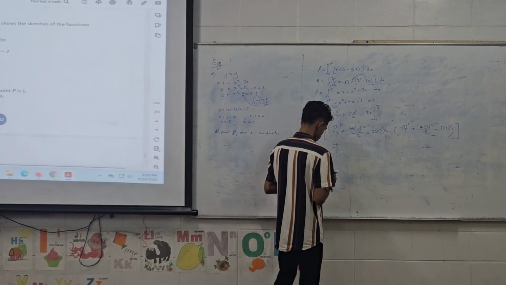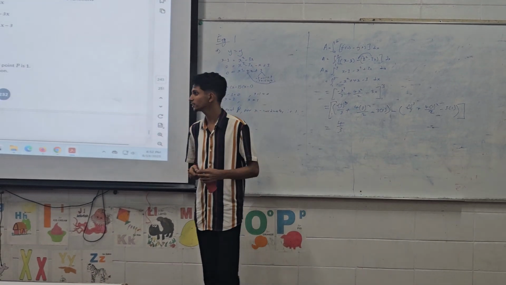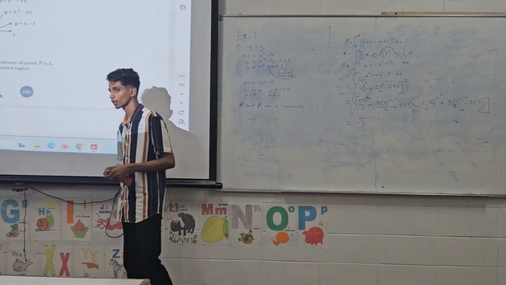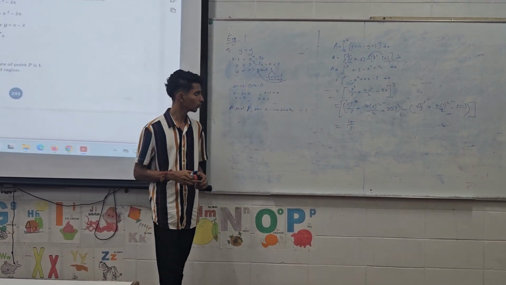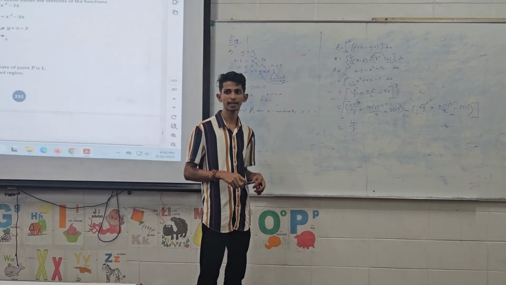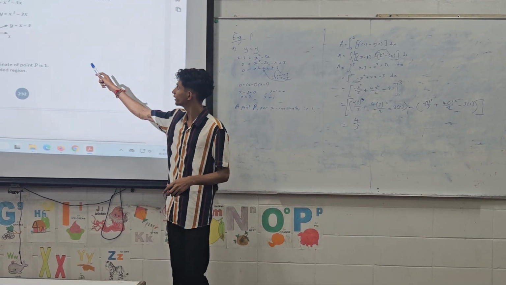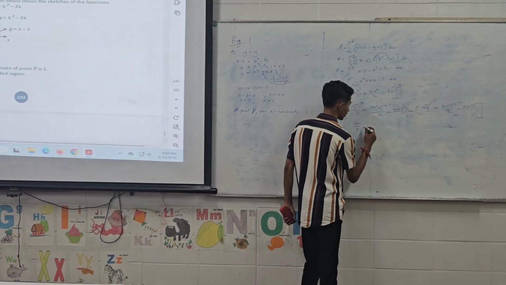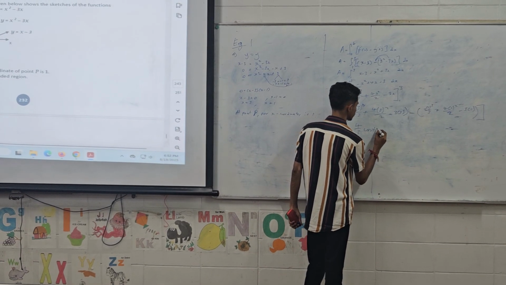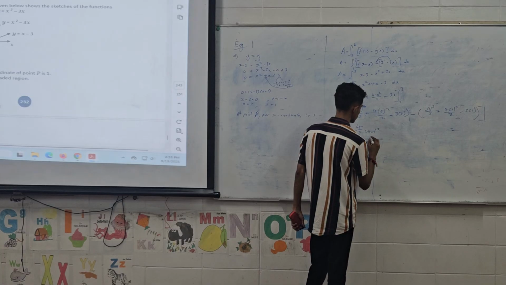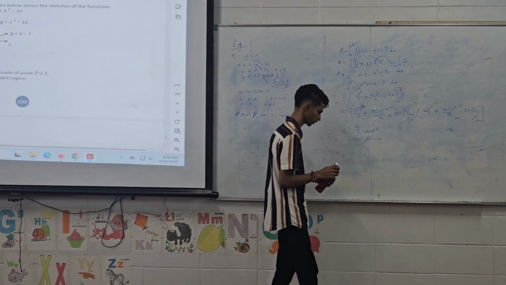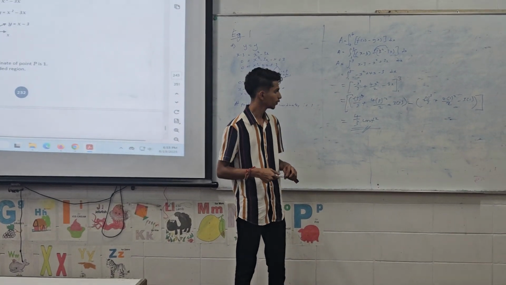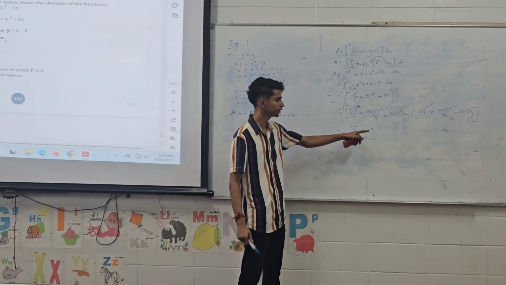One of the main things here is we have to put the units. Since we are finding area in the xy region, our units will be units squared. Since there are no meters or anything else included here, we just write units squared.